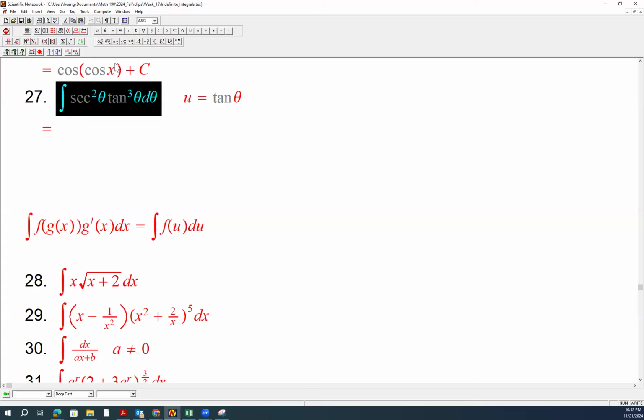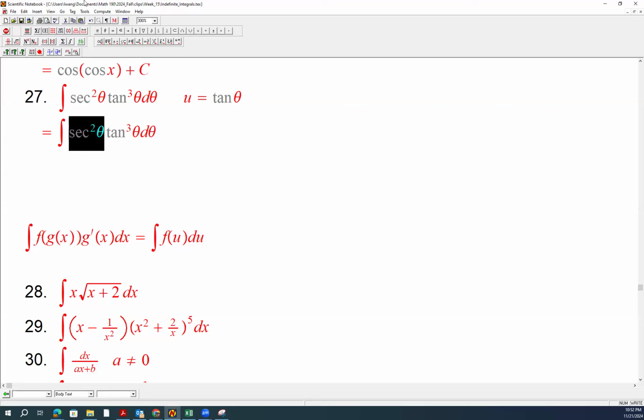In this expression, you can also switch tangent and secant. Next you see du equals secant squared theta d theta, right?